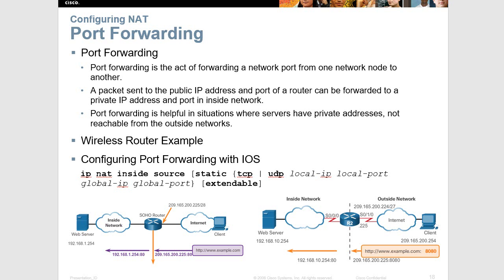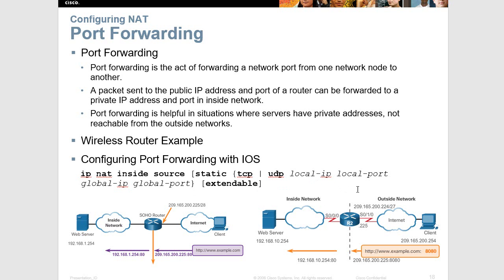So let's see here what they have set up. The commands are, you're going to go ahead, IP NAT inside source, same way we set it up, okay, and we've got static and then either TCP or UDP, depending on what type of traffic it is.